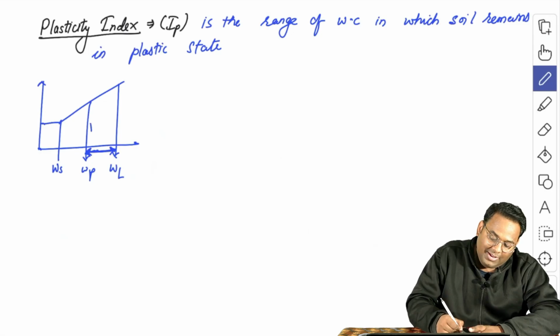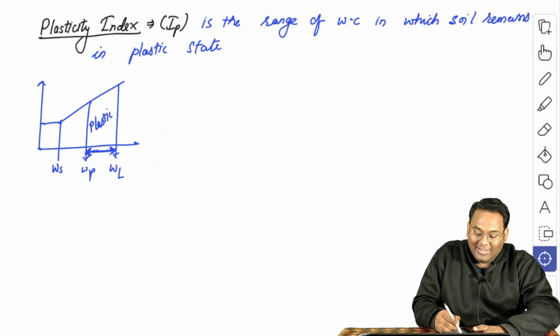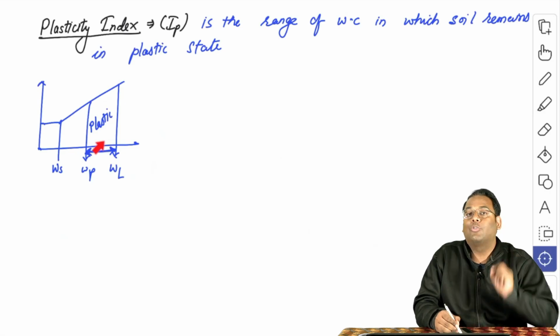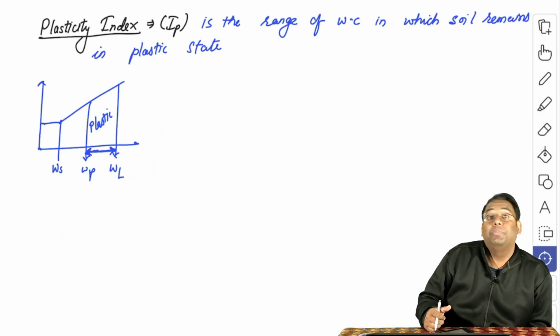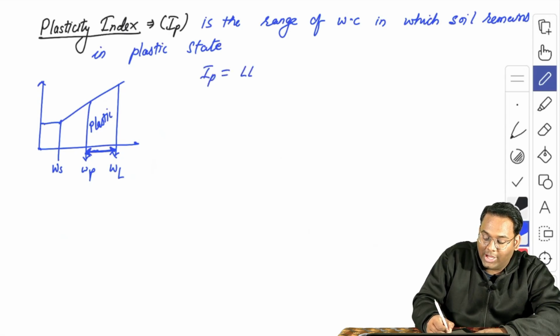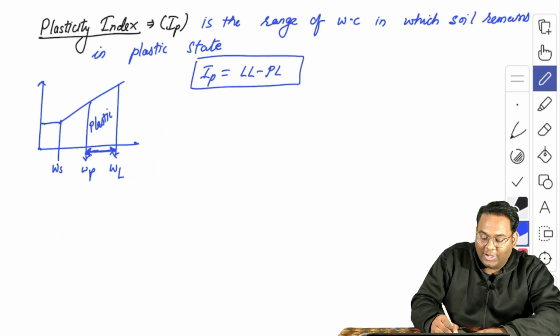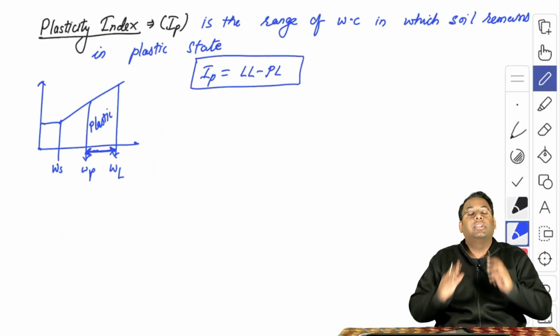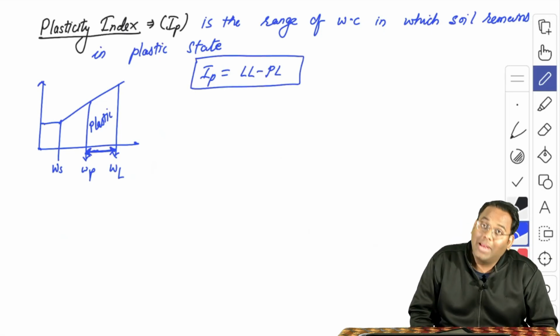And this is the plastic zone for the soil. So this is the range that we are calculating while calculating the IP value. And as I have already defined it mathematically, it equals the difference of liquid limit and plastic limit. So this indicates the range in which the soil will remain plastic.